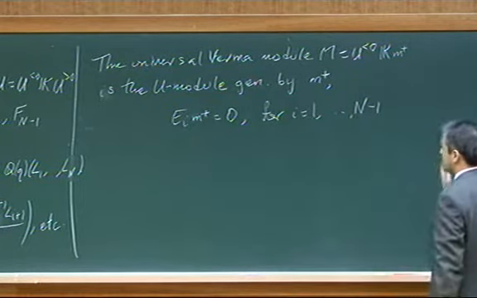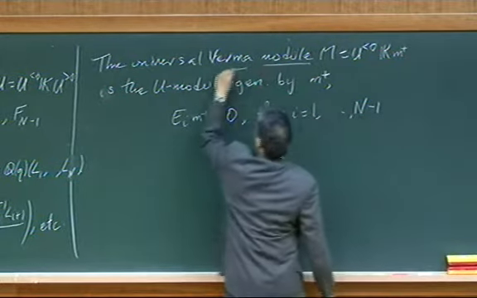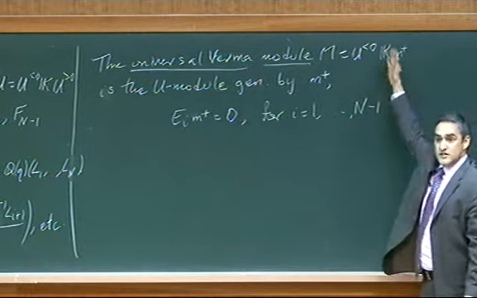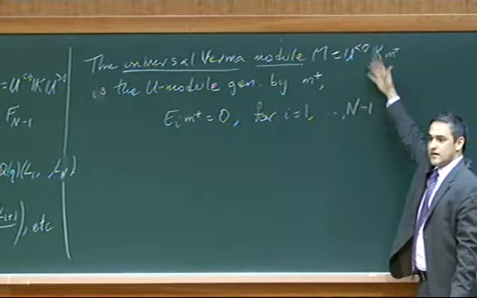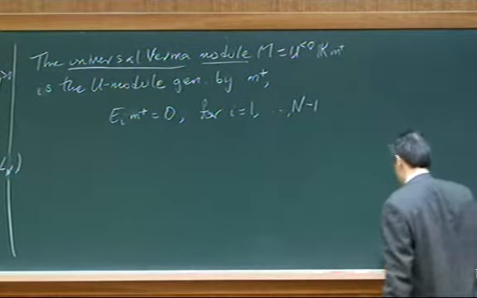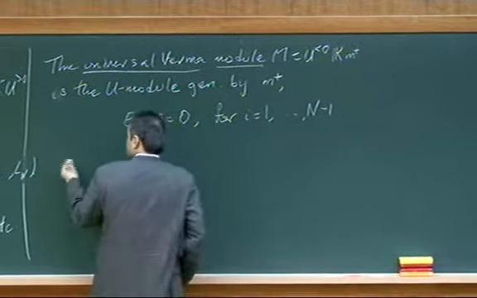Okay, so that's the universal Verma module. Now, I can view this as a vector space over K, in which it looks just like the negative half of the quantum group, or I can view it as whatever I need to do with K.